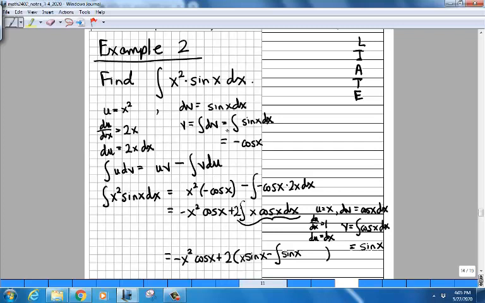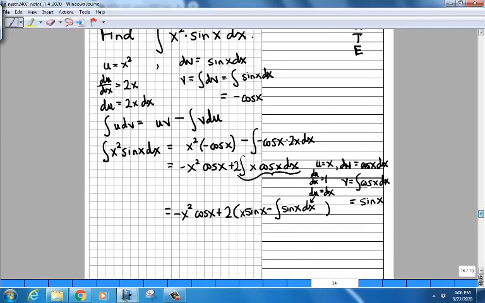See, du is dx. Remember, u here is x, and v, again, remember, is sine of x.